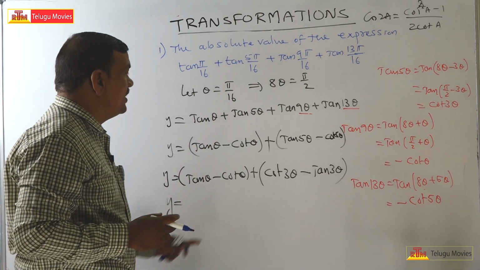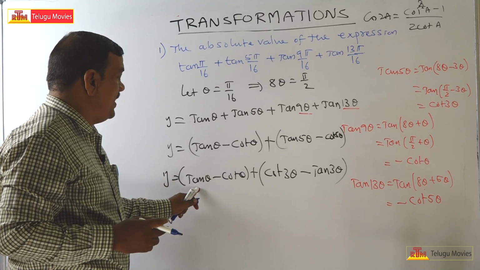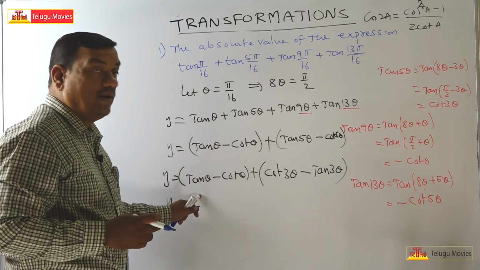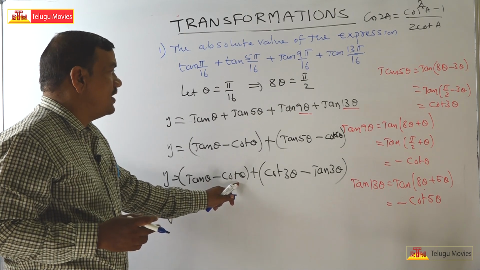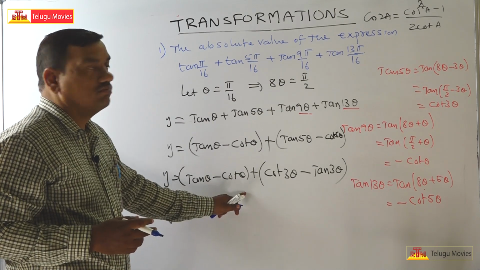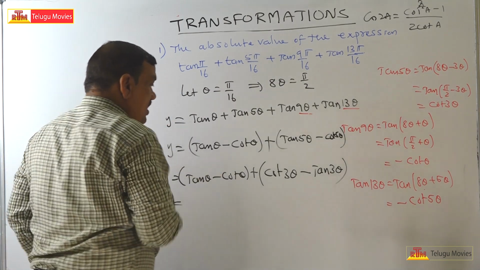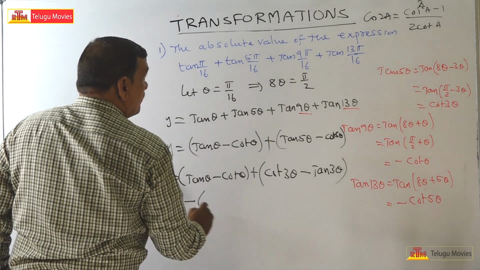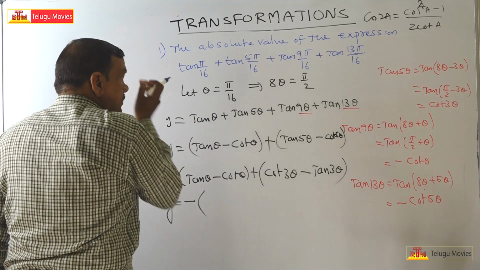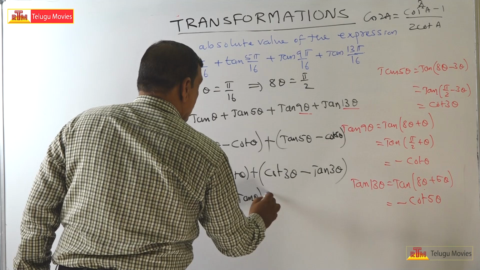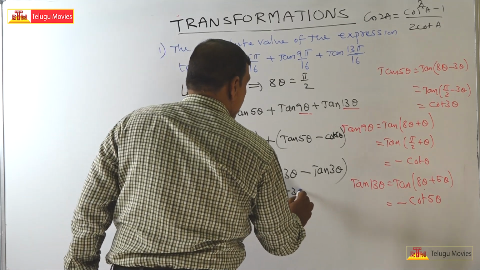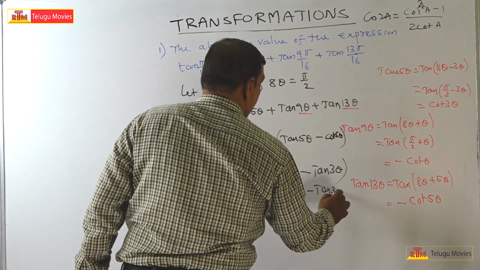So here if you observe, if I write 1 by tan theta, this is equal to cot square theta minus 1 by 2 cot theta. But it is in the reverse order, so I will write it like this: cot theta minus tan theta. So this is cot 3 theta minus tan 3 theta, I wrote it as.